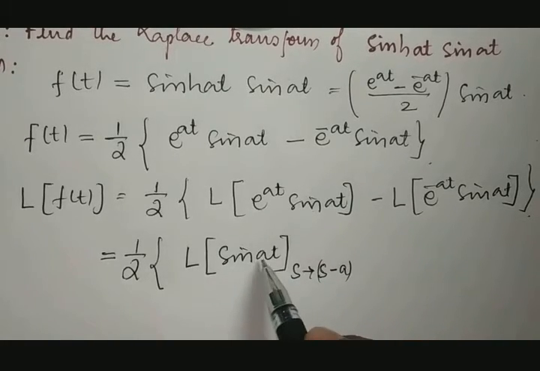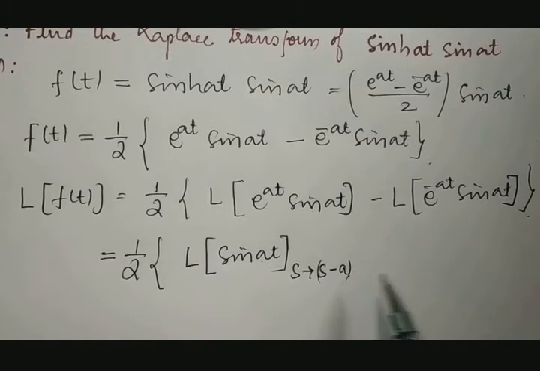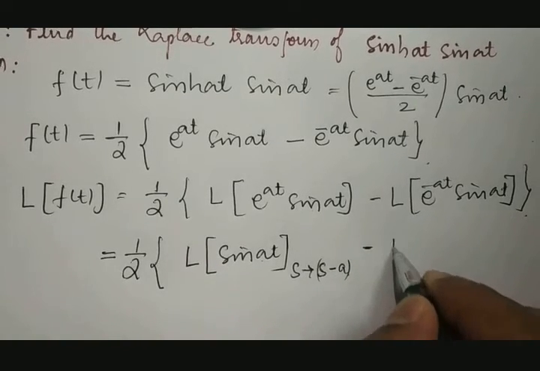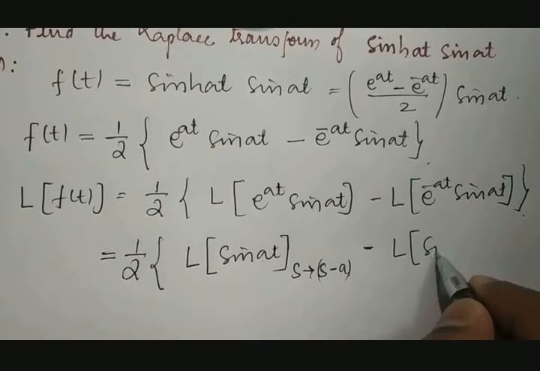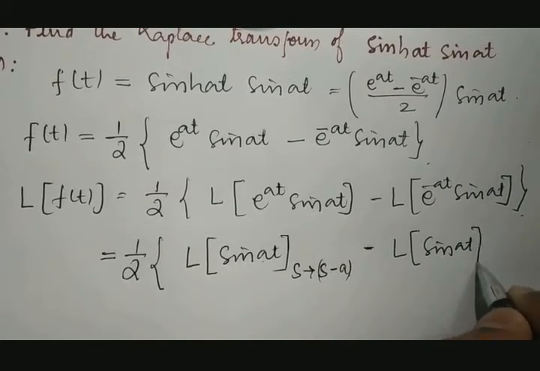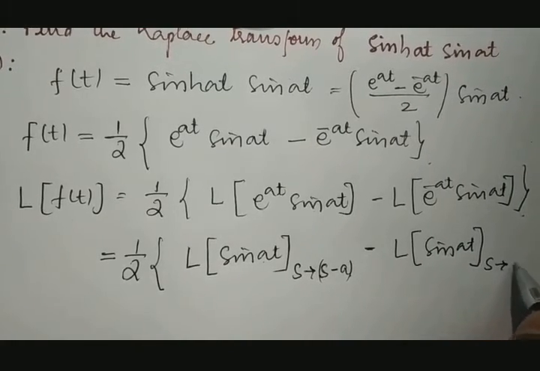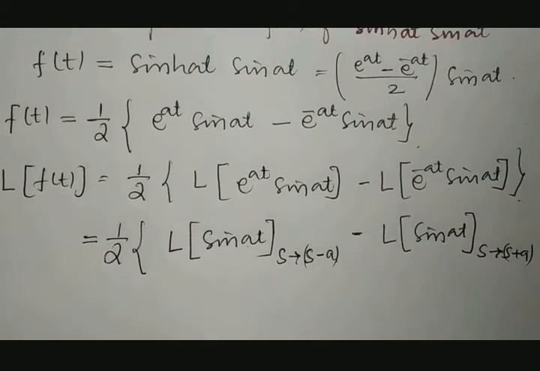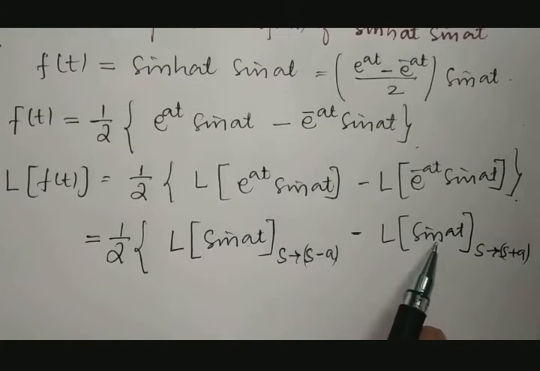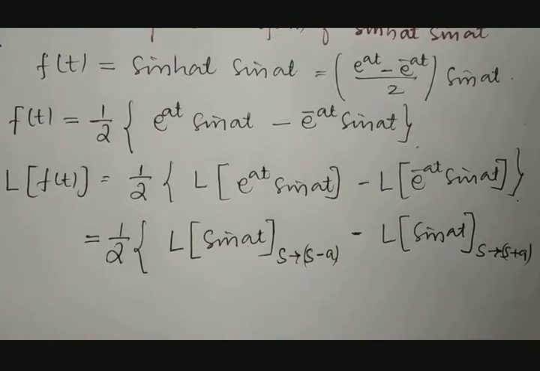This result is going to be delayed by a. Minus the other term, which will be taken as Laplace transformation of sine at where s is going to be replaced by s plus a. Whatever result we get for this will be advanced by a.